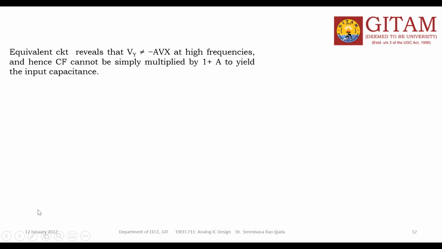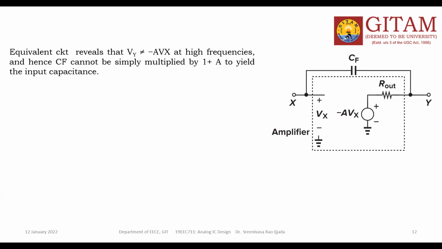The equivalent circuit reveals that Vy, suppose you take this equivalent circuit, for example, this is one circuit. Here Vy is not equal to minus AVX at high frequencies. Hence CF cannot be simply multiplied by 1 plus A to yield the input capacitance.